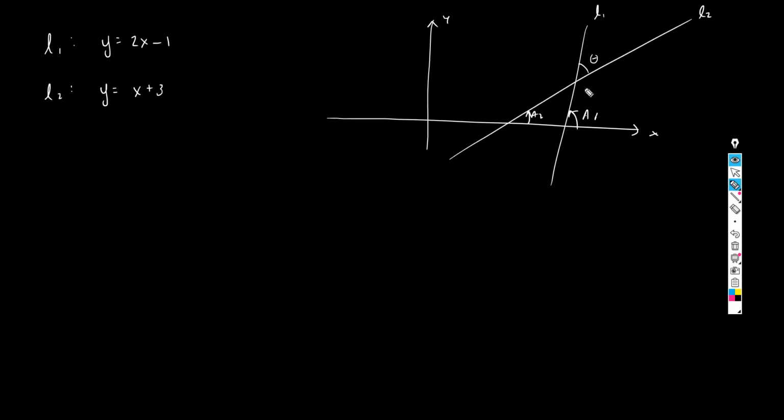We can always find theta by means of the angles of the lines. Assuming you can find the angles, which I told you how to do a moment ago, then you can find the angle between the two intersecting lines, which is this one. How do you do that?